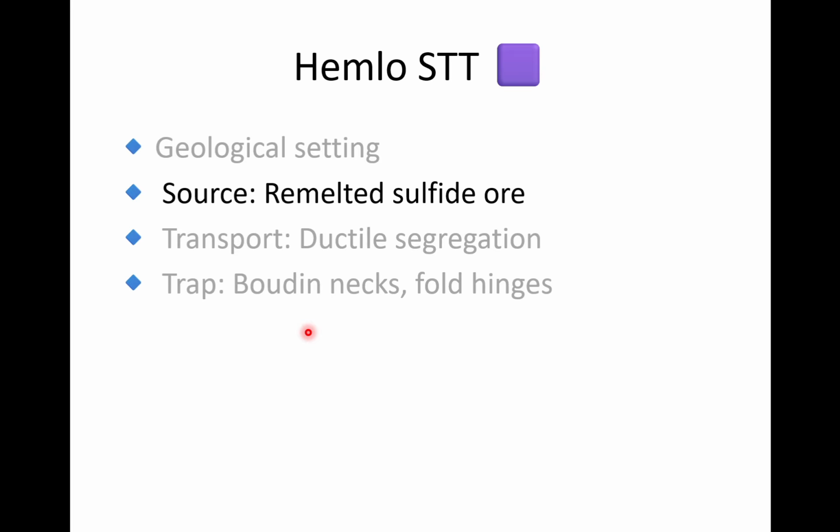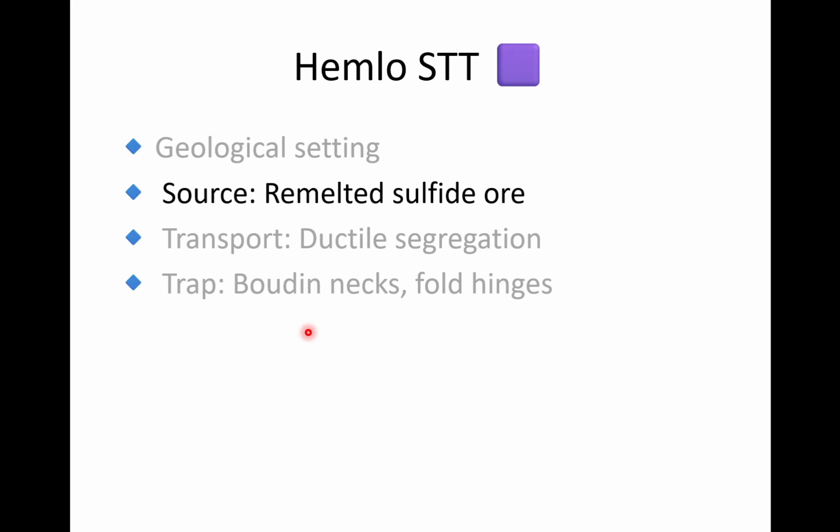Tomkins and colleagues in 2004 showed that minerals like arsenopyrite and stibnite in the Hemlo ore began to partially melt at amphibolite facies conditions. And this generated a gold, antimony, arsenic, lead, tellurium, sulfur melt, rich in sulfosalts.